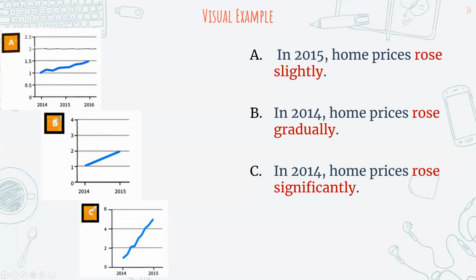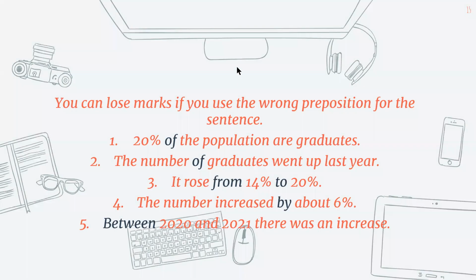Okay, let's now move to the next slide. You can lose marks if you use the wrong preposition for the sentence. This is very important. You have to understand how to use prepositions in reporting. 20% of the population are graduates. The number of graduates went up last year. It rose from 14% to 20%.